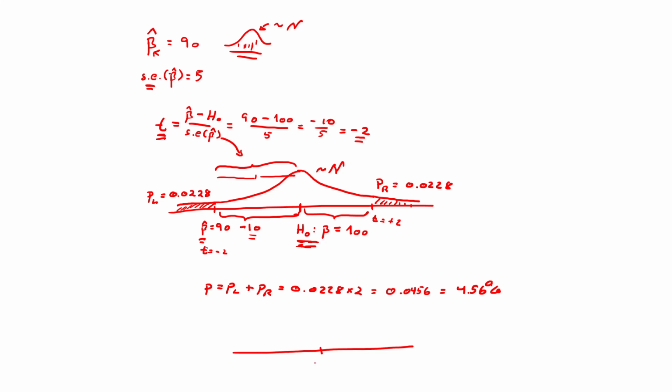In the case that we have a one-sided test, then we could think about the null hypothesis as a range of numbers. So if the null hypothesis here is that the beta is greater than or equal to 100, then all of this would fall in the range of the null hypothesis.